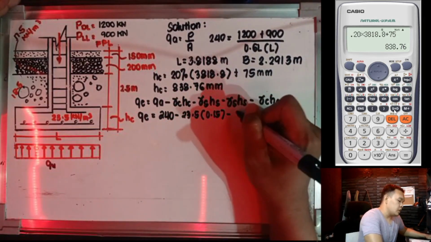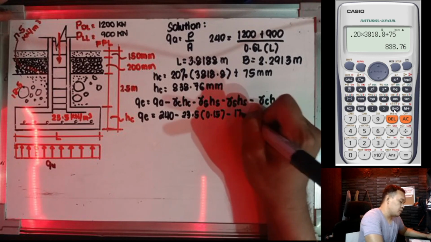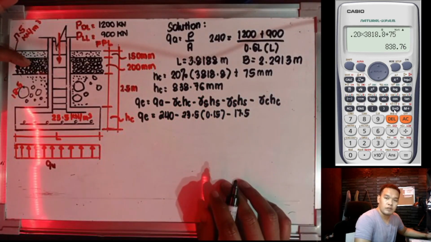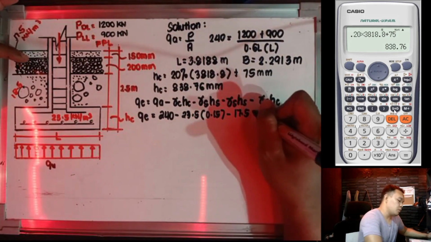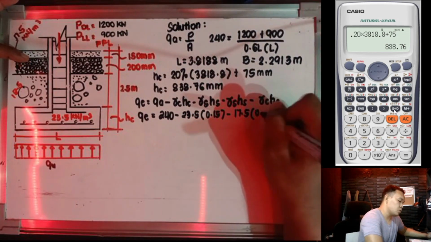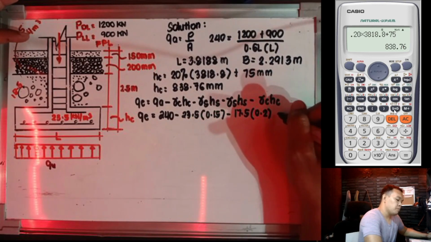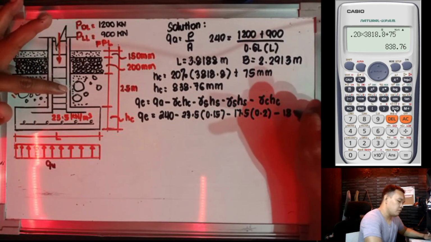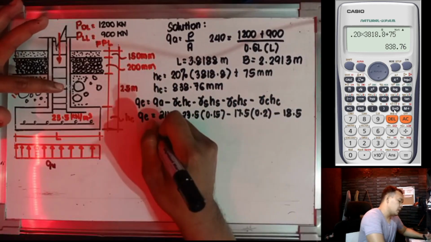Minus 17.5, the unit weight of the first layer or unfill soil, multiplied by the thickness, which is 0.2 or 200 mm. Minus the third layer, which is equivalent to 18.5, multiplied by the thickness.